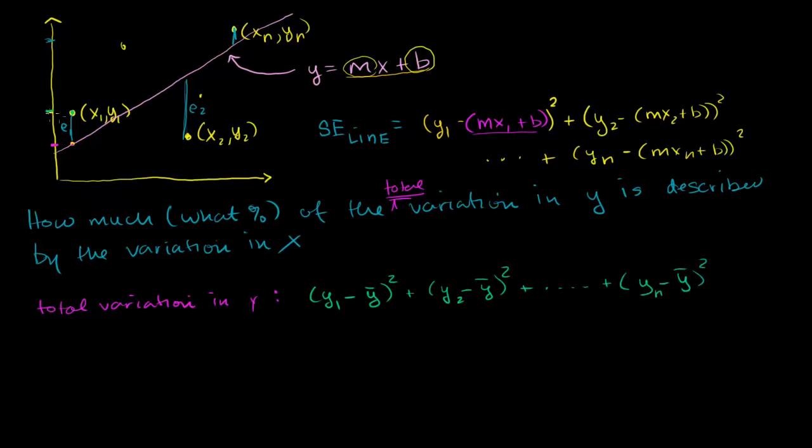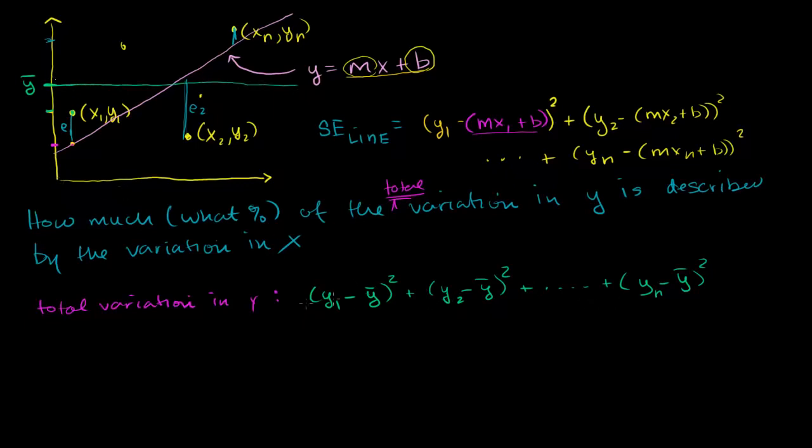You can just take all the y values and find their mean. It'll be some value. Maybe it's right over here someplace. Maybe that is the mean value of all the y's. And so you can even visualize it the same way we visualized the squared error from the line. You can imagine a line that's y is equal to the mean of y, which would look just like that.